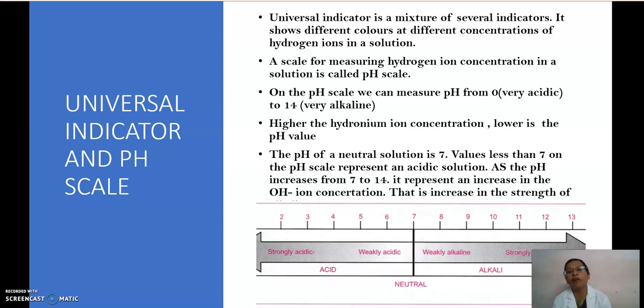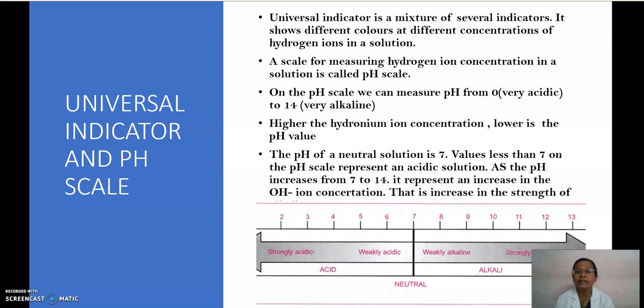There is a scale for measuring hydrogen ion concentration, known as the pH scale. Like our ruler scale, here also one scale is there, marked from 0 to 14, and each number indicates one particular color.